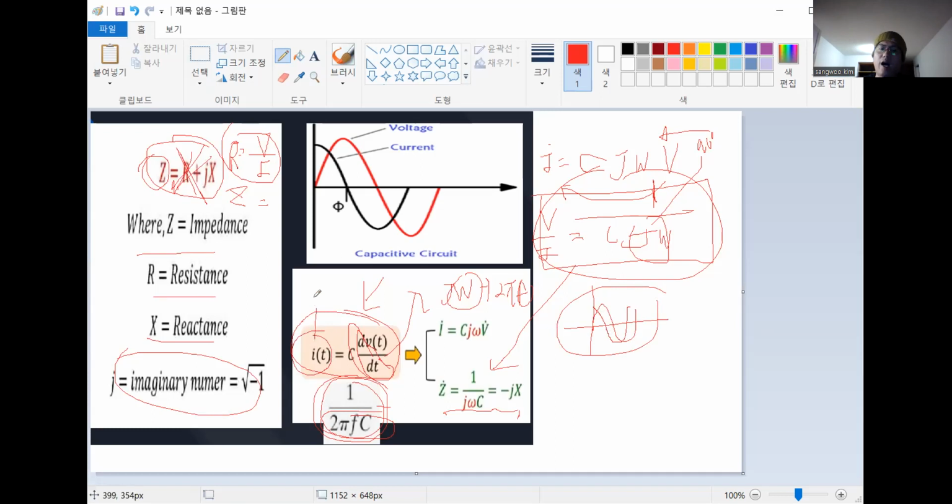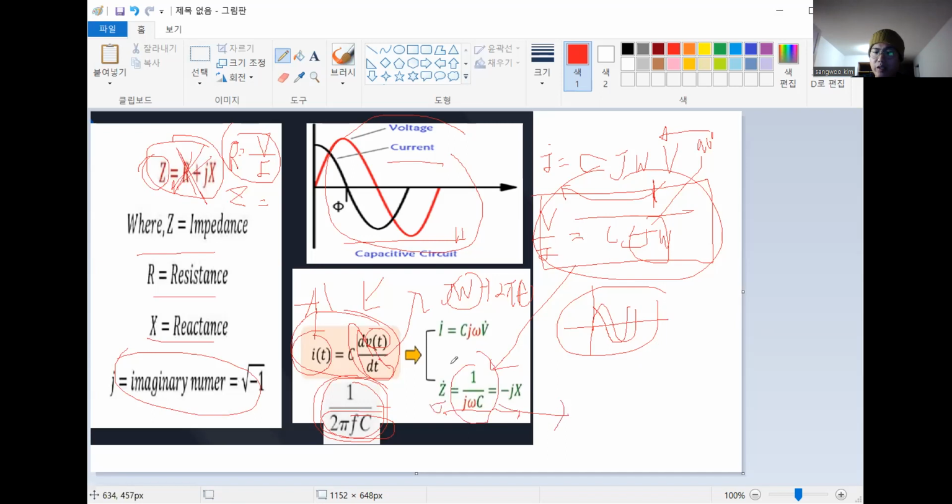That's why the current I is 90 degrees leading and V is lagging. Look at this curve. I'll explain how we recognize lead and lag, don't worry about it. So we get this part, right?